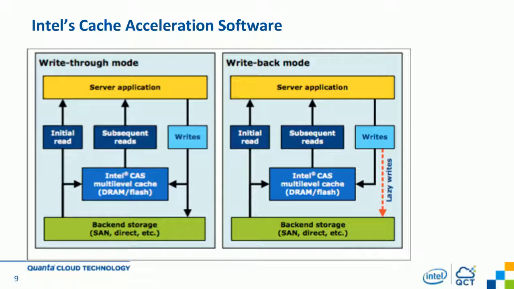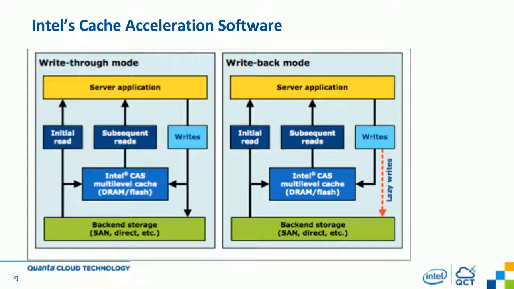On the right side, you see the write-back mode. In the write-back mode, the data again is read from the backend storage and copied to the cache on SSD. Again, further reads may promote the data to the system memory, and so this leads to subsequent reads of cache data.